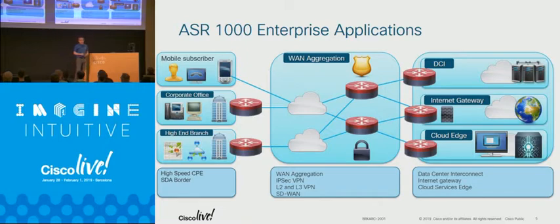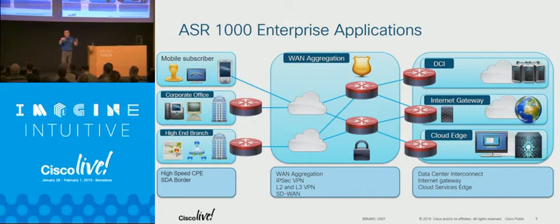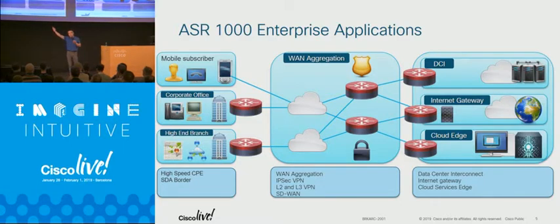In the SDA framework, you have the network edge node, which connects to the network endpoint. Then you have the border node, which extends the SDA fabric to the external domain, like a WAN or your data center. So ASR1000 is positioned as the SDA border node.